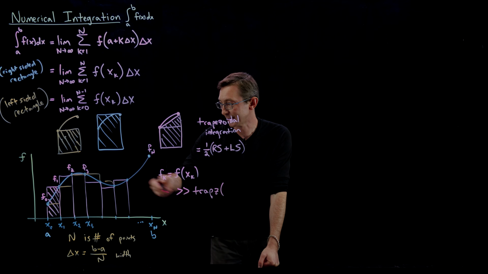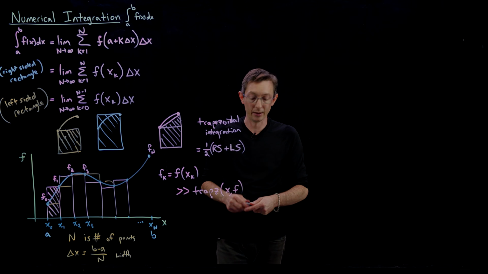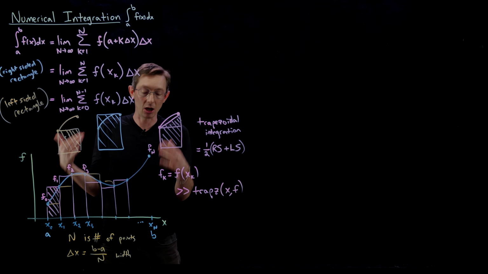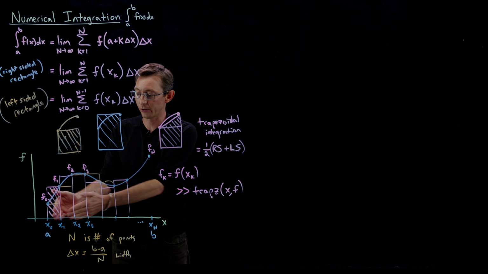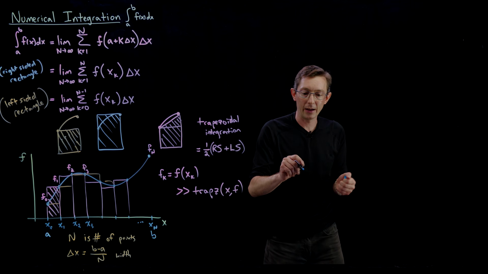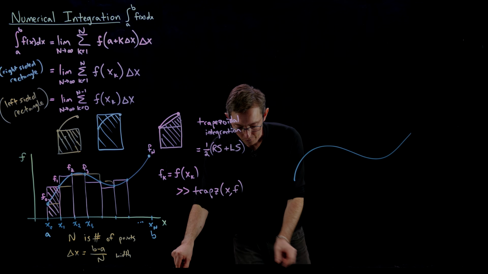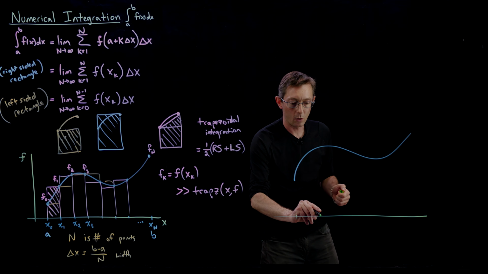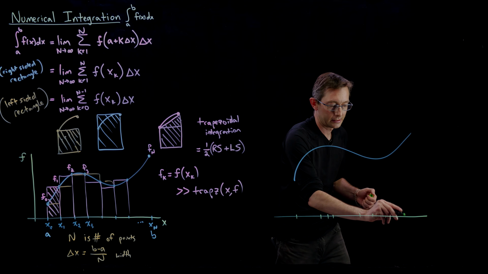If I had data x and data f, I would literally type in x comma f, and it would compute this. And notice that none of these actually have to have a constant fixed delta x. All of these would be totally valid for some of these x to be fat and some of these x to be skinny. It would be totally fine if I sampled my function really wide and then fine and then wide, like this.